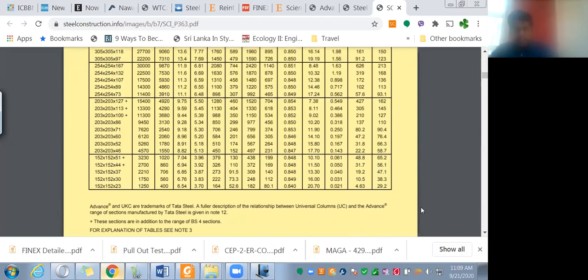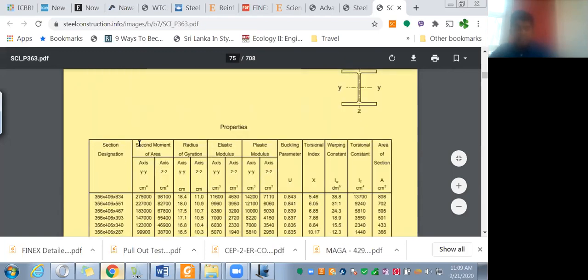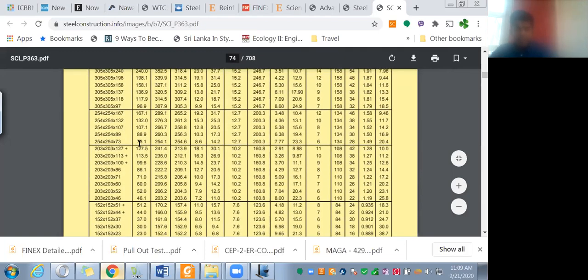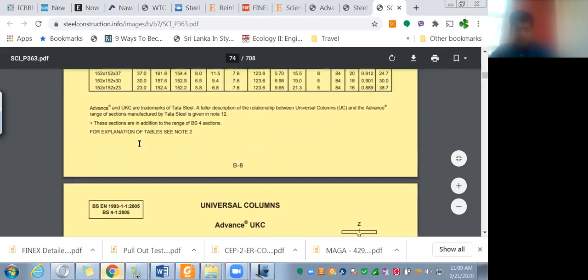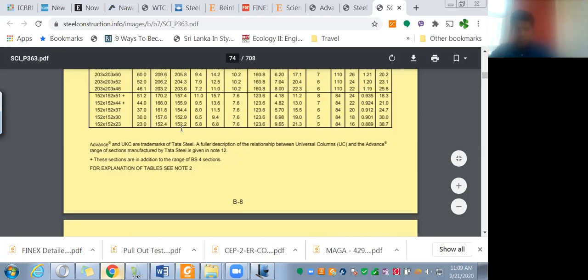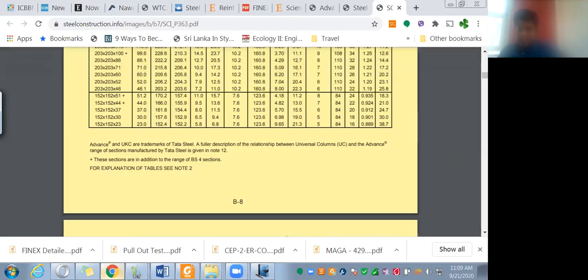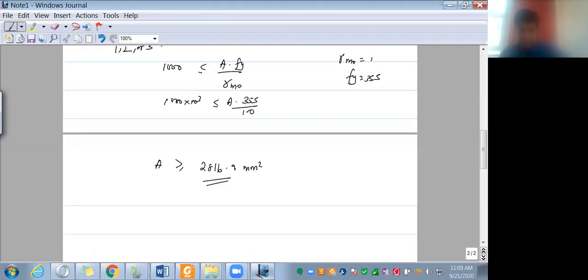So let's take this 29.2, 152, 152, 23, which means it has a dimension of 152 millimeter by 152.2, and then 23 is the weight. So we'll take 152 152 23 UKC for the column.